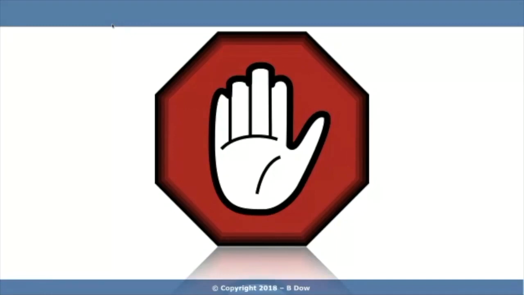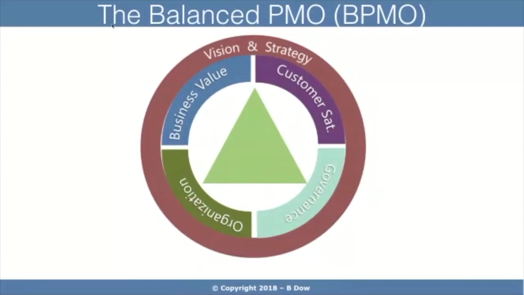Some of you may have sat through this before, but I call it the balanced PMO. This is where we take the iron triangle and wrap it around vision and strategy. We wrap it around customer satisfaction, organizational change management, governance, and business value. Plus, we use this concept as we drive our reporting and our dashboards.